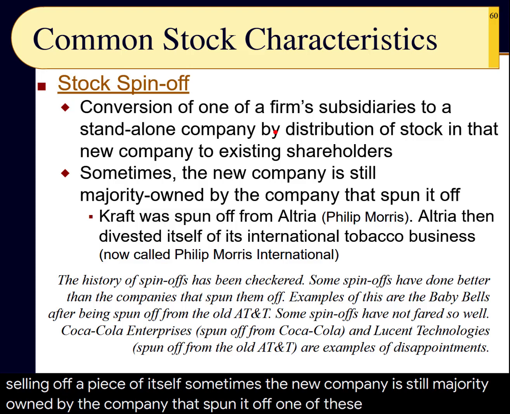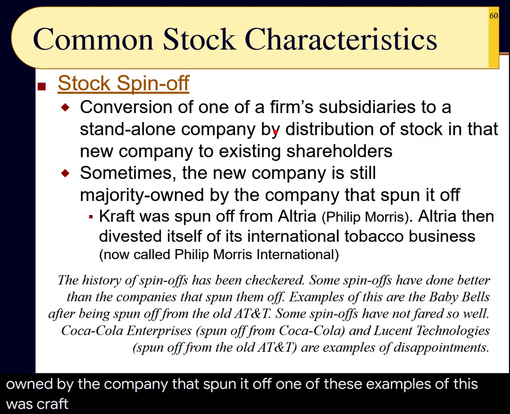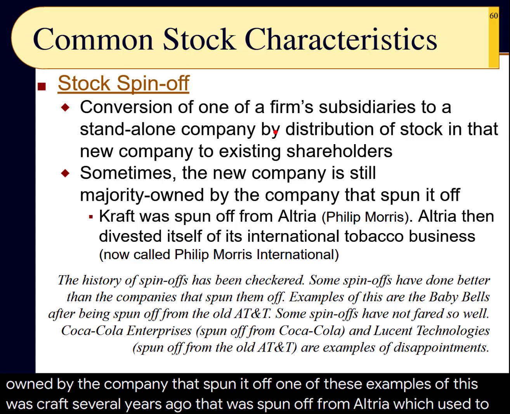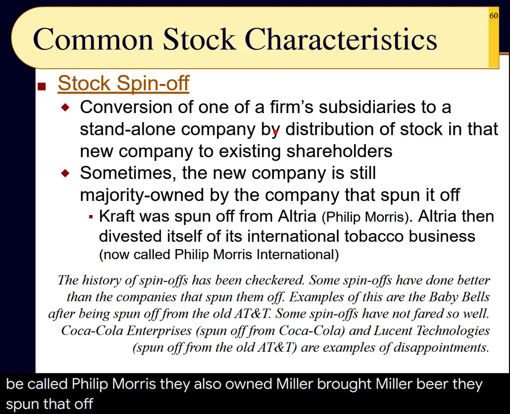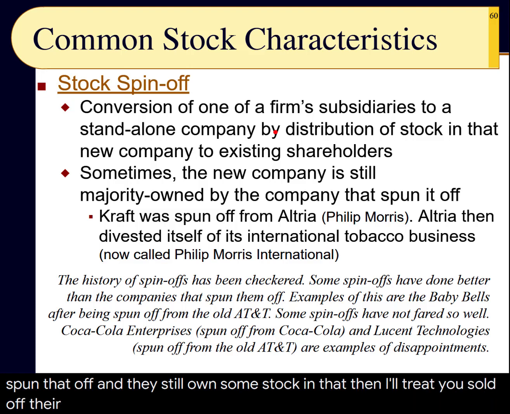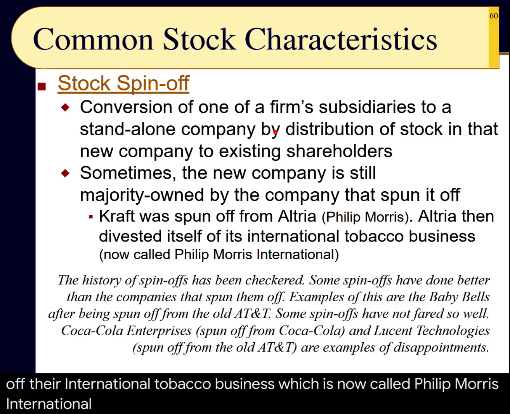One of the examples of this was Kraft several years ago that was spun off from Altria, which used to be called Philip Morris. They also owned Miller Beer. They spun that off and they still own some stock in that. Then Altria sold off their international tobacco business, which is now called Philip Morris International.